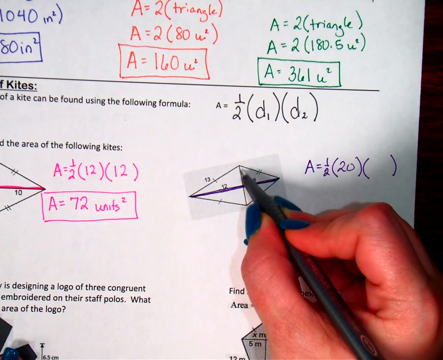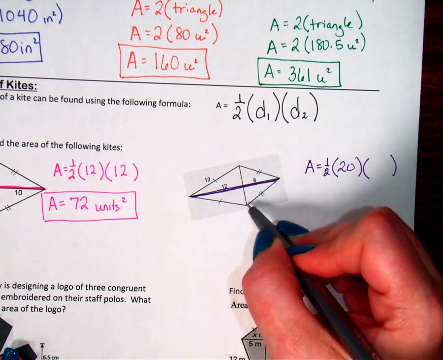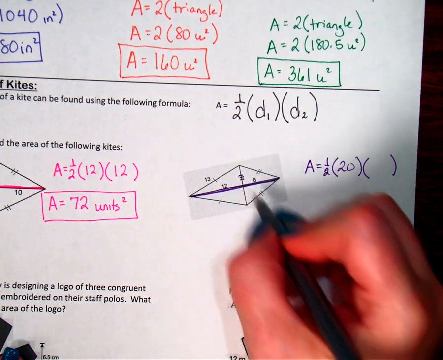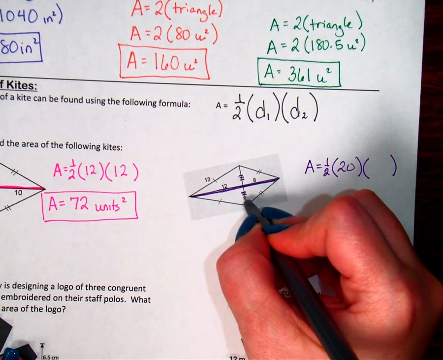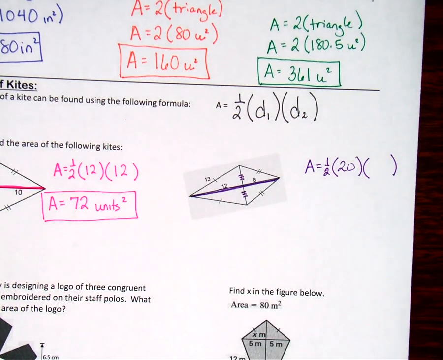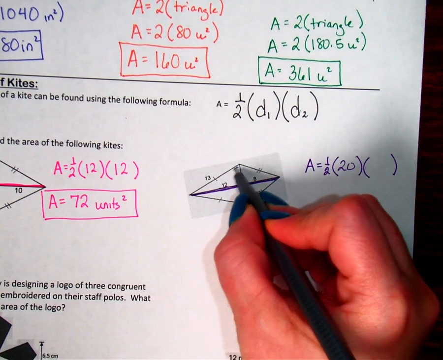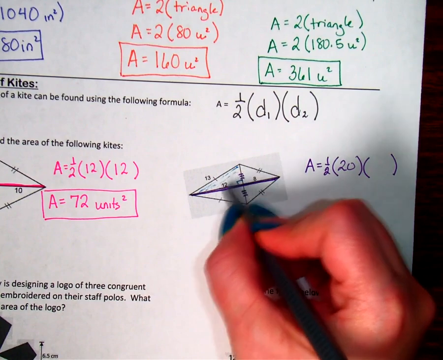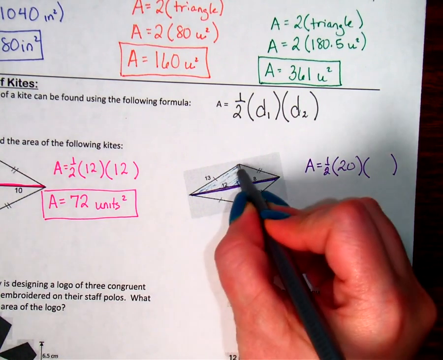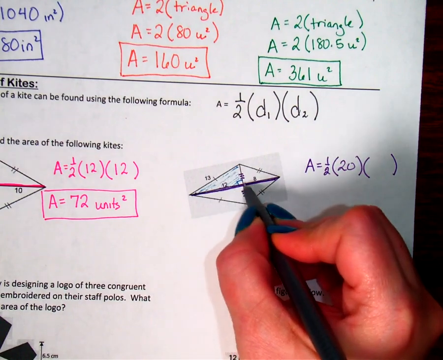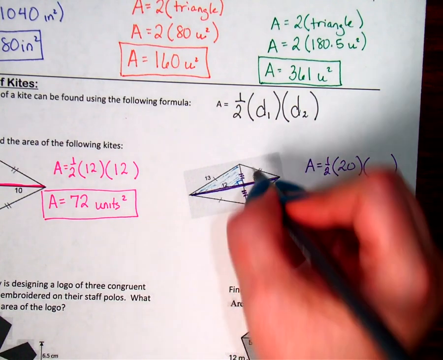Alright, so then I want to find this diagonal here. For this diagonal, I know if I can find one piece of it, the other piece is going to match. So to find the one piece, I'm going to use the idea that I have right triangles that make up my kite. I know my hypotenuse is 13, one of my legs is 12, and I'm looking for the other leg.